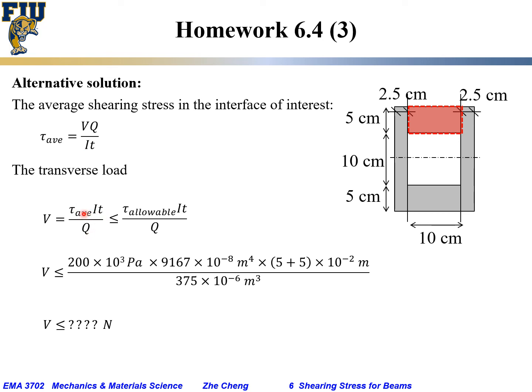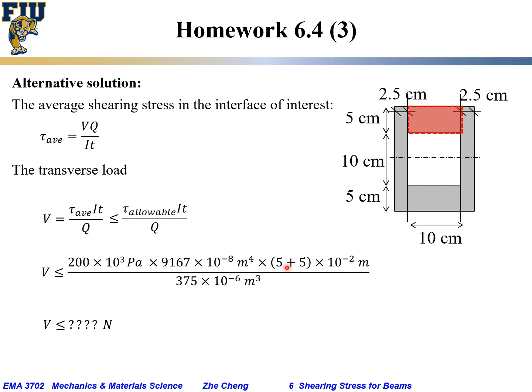And the tau average has to be smaller than our allowable stress, and IT we keep. So as a result, the transverse shear has to be equal to or smaller than allowable stress 200 times 10 to the power 3 Pascal times I we calculated. It's 9,167 centimeter to the power 4, or meter to the power 4 but times 10 to the minus 8. And T would be the width of that total interface, 5 centimeter here, 5 centimeter here.